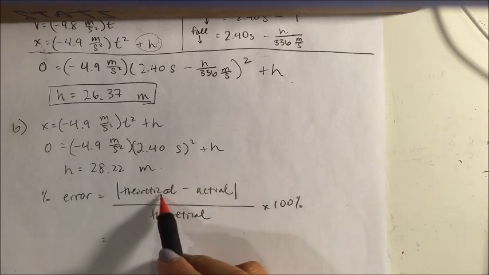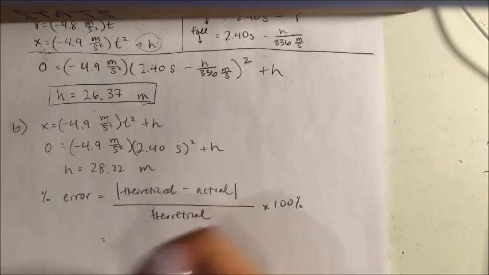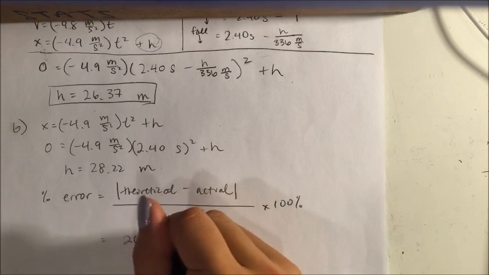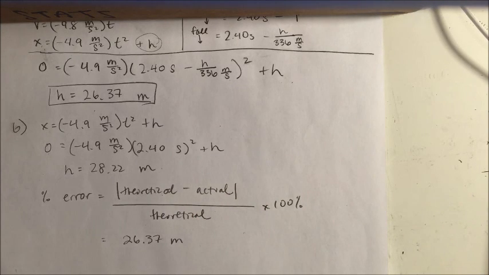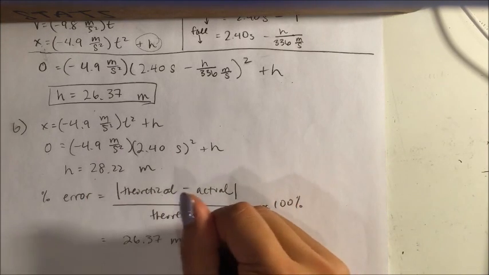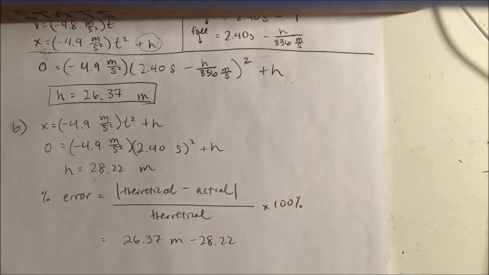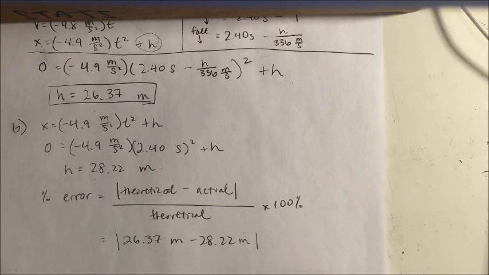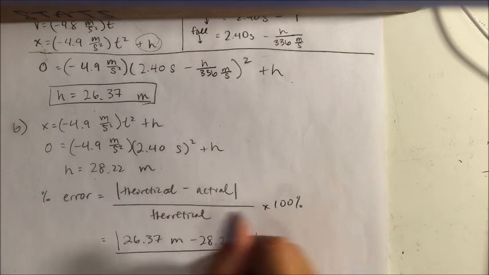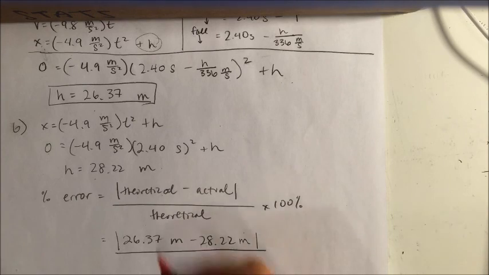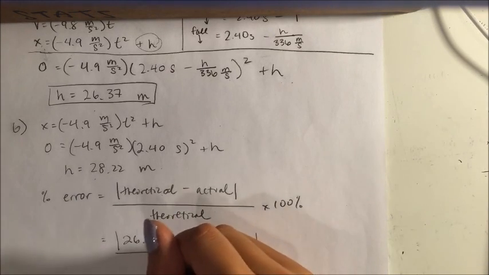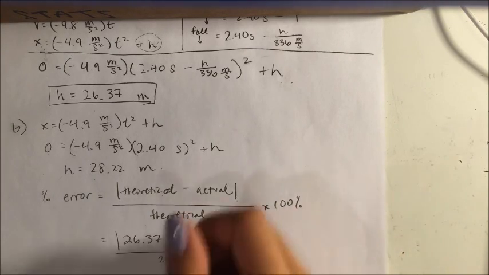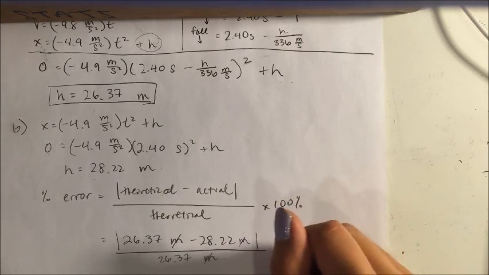So in this case, our theoretical is this, which is what it's supposed to be, and then our actual is going to be this number, because that's what we got by experimenting. So that's the wrong one, the one with the margin of error. Then the perfect answer, the theoretical one, is going to be put on the bottom, so 26.37 meters. And then these meters are all going to cancel, and times 100%.